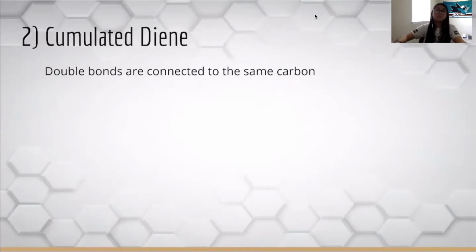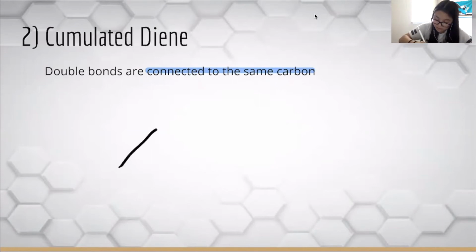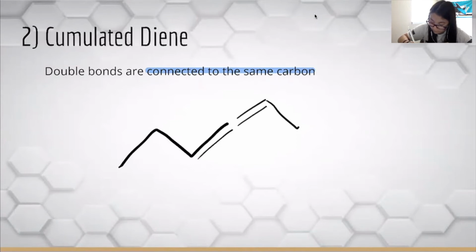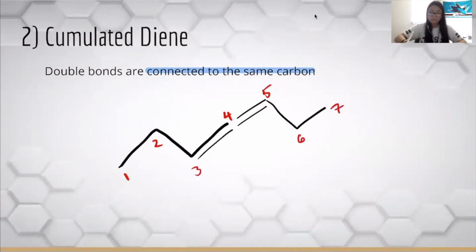Next, we have a cumulated diene, and that is when the double bonds are connected to the same carbon. So if I were to draw a structure that looked like this, and let's label our carbons: 1, 2, 3, 4, 5, 6, 7.